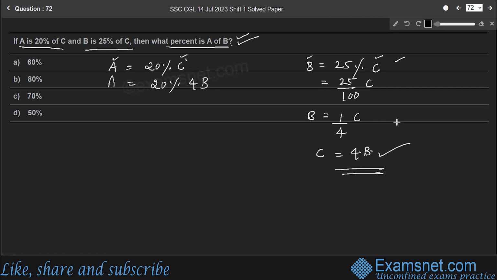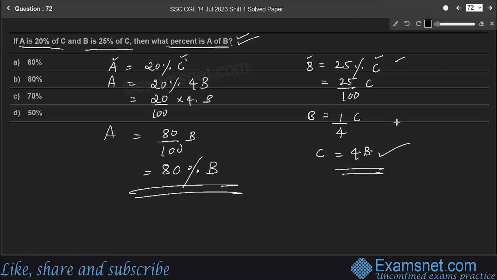So A is equal to 20% of 4B, or 20 by 100 into 4 into B, which is 80 by 100 B. Therefore, A is 80% of B, hence option B.